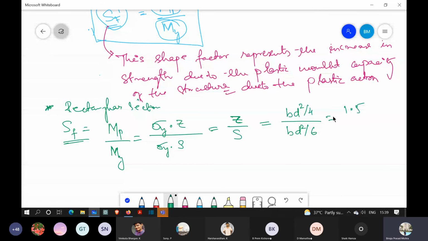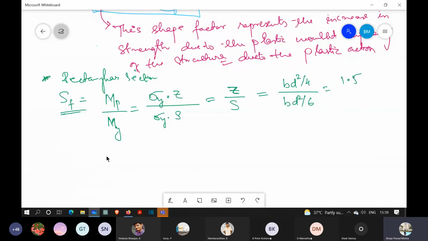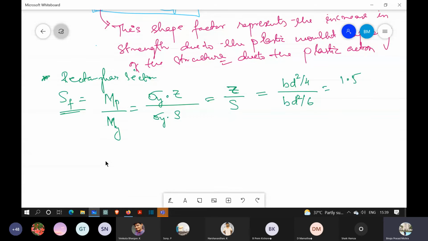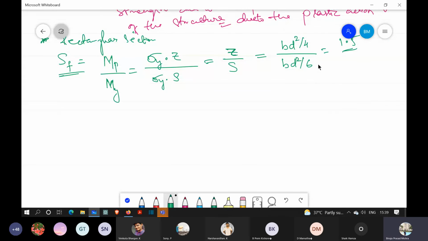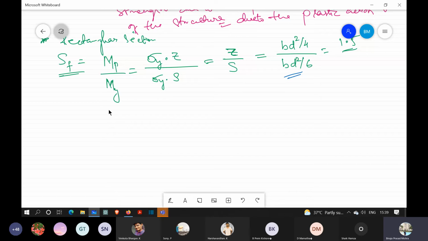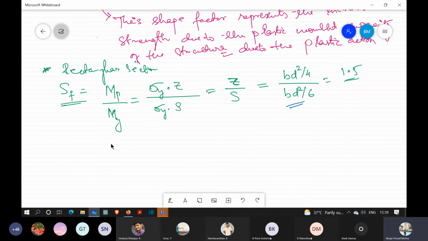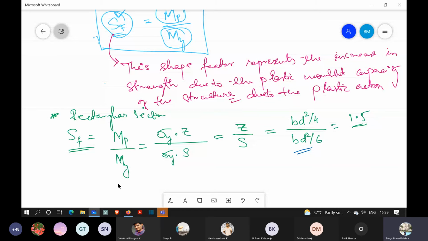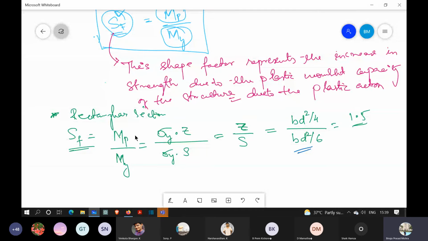Now let us have a table. If the section is rectangular, then the shape factor is 1.5. Before we go any further, just tell me one thing.